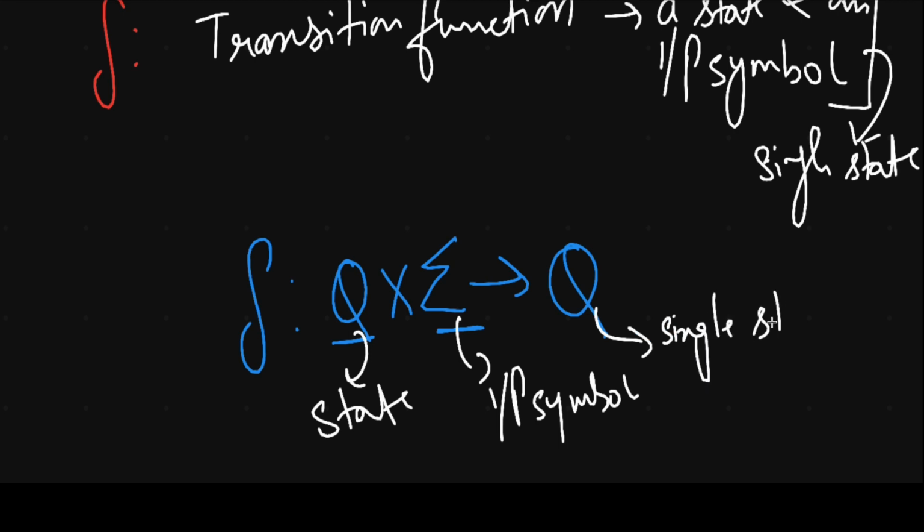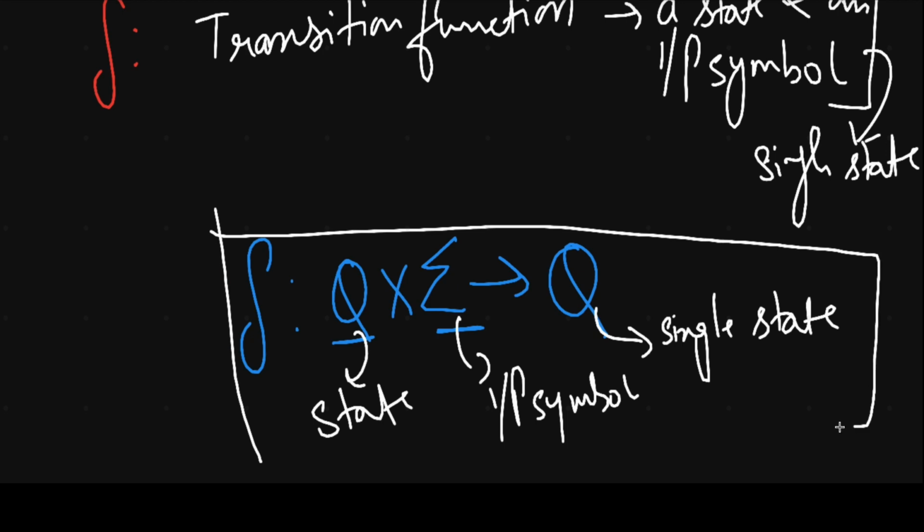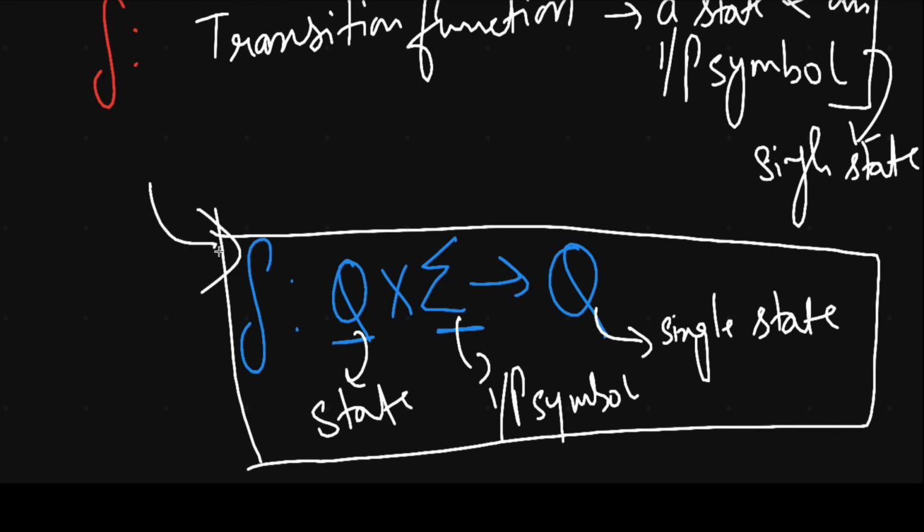This is how a transition function in finite automata is defined.